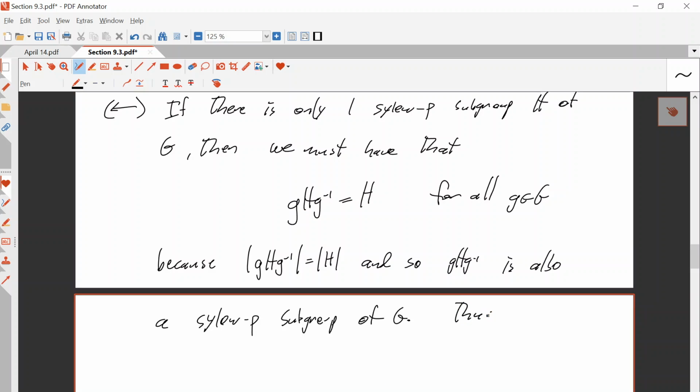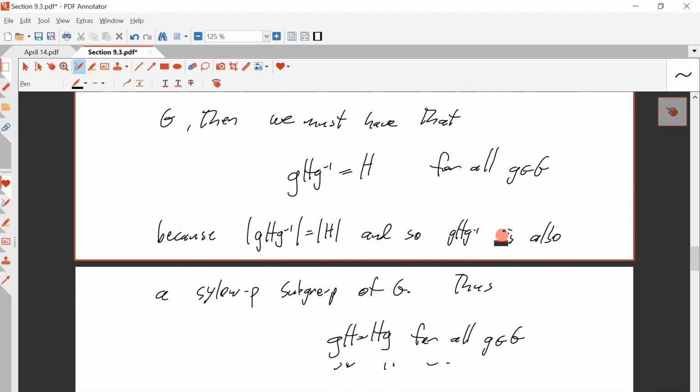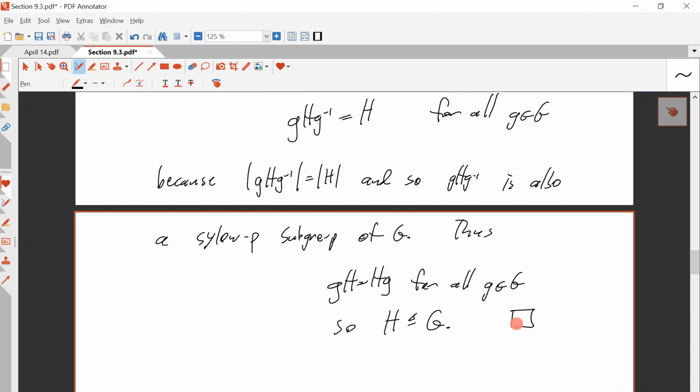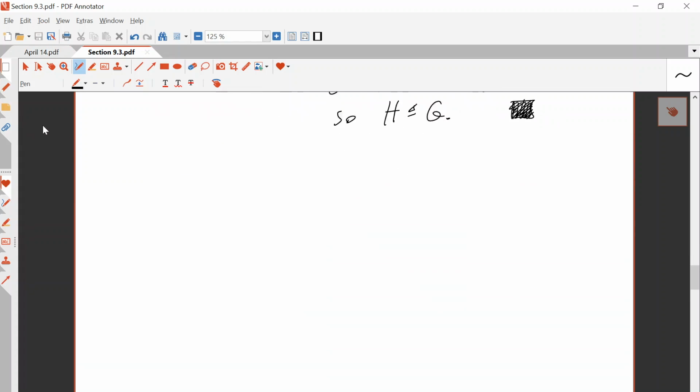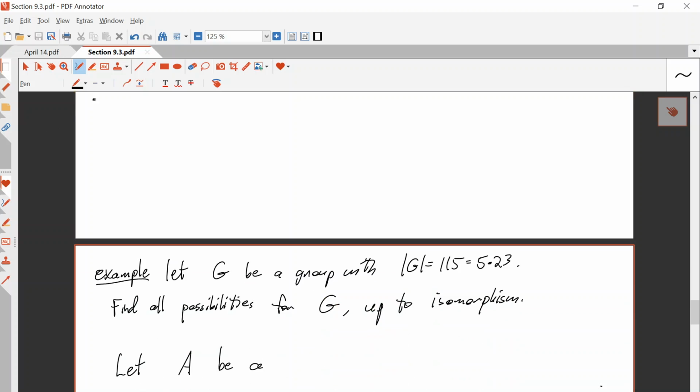Thus, gH is equal to Hg for all g in G. So H is a normal subgroup of G. All right, so normality of Sylow p-subgroups is simply dependent upon the number of Sylow p-subgroups, and the number of Sylow p-subgroups is constrained.